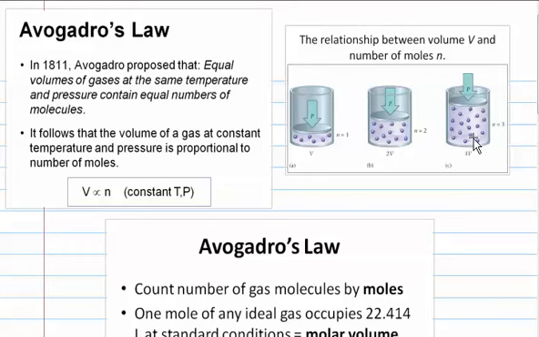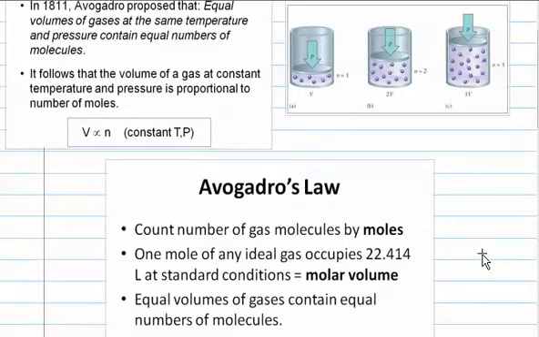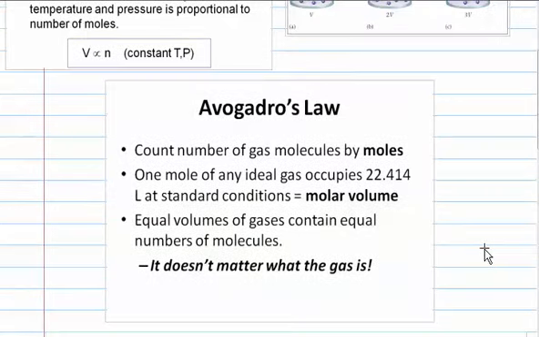So think of a balloon. If you put air into a balloon, it gets to some volume. If you continue to put more air into the balloon, your balloon will get bigger depending on how much more air you put in. So this is a fairly straightforward idea. And again, this proportionality between volume and the number of moles is known as Avogadro's Law.